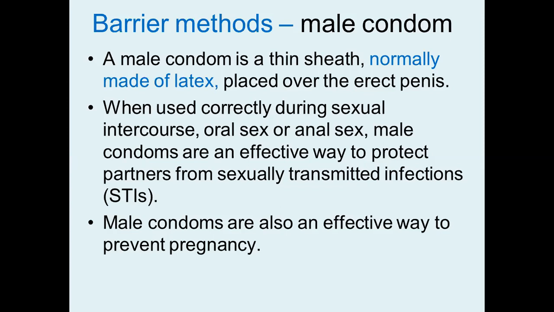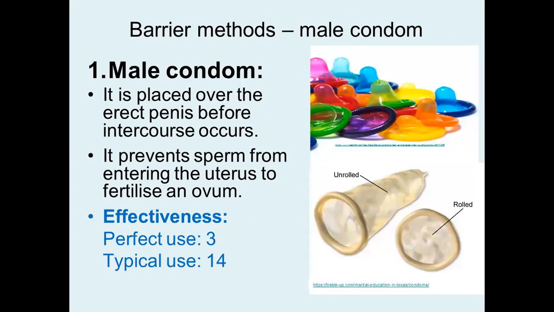When used correctly during sexual intercourse, even if it's oral sex or anal sex, male condoms are a very effective way to protect partners from sexually transmitted infections, STIs or STDs. They're also a relatively effective way of preventing pregnancy if used correctly. And there are lots of things to consider in using a male condom.